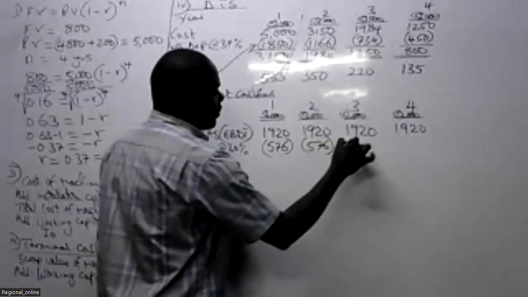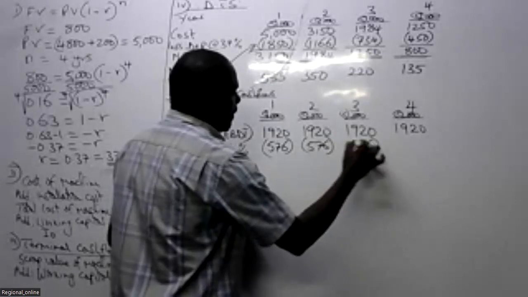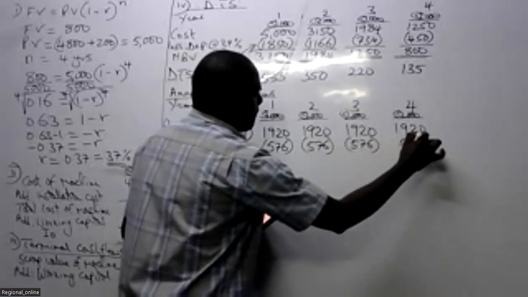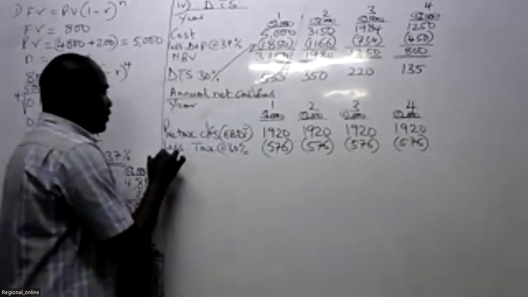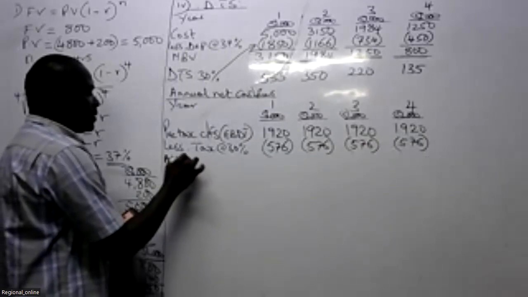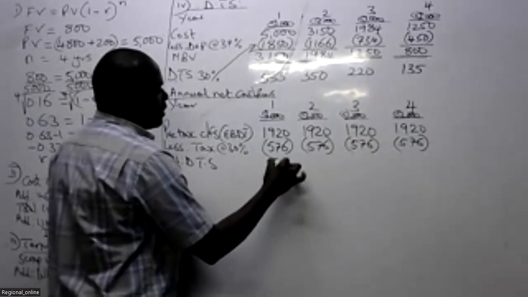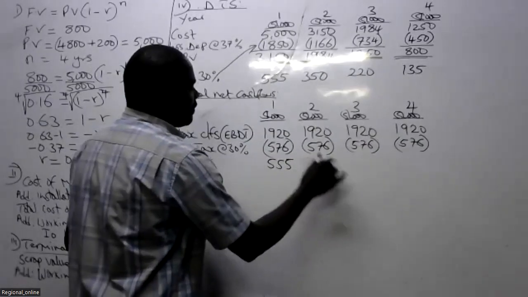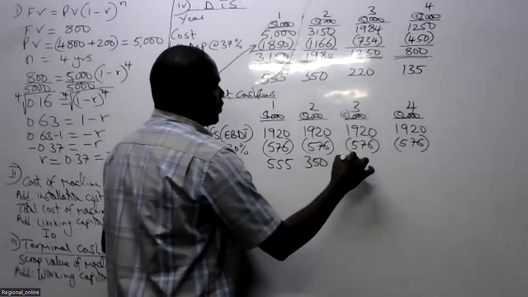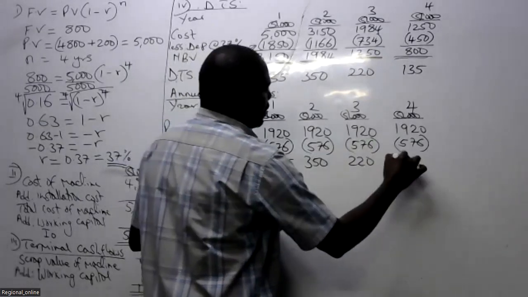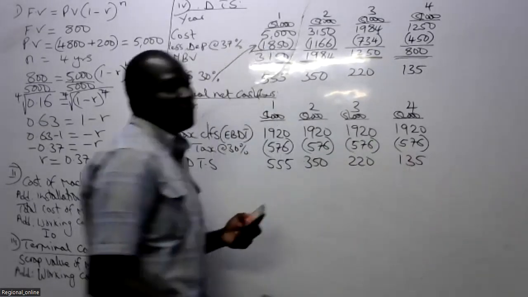And these other ones I know. Then we add what? The DTS. 345 in year 1, 350 in year 2, 220 in year 3, 135 in year 4.